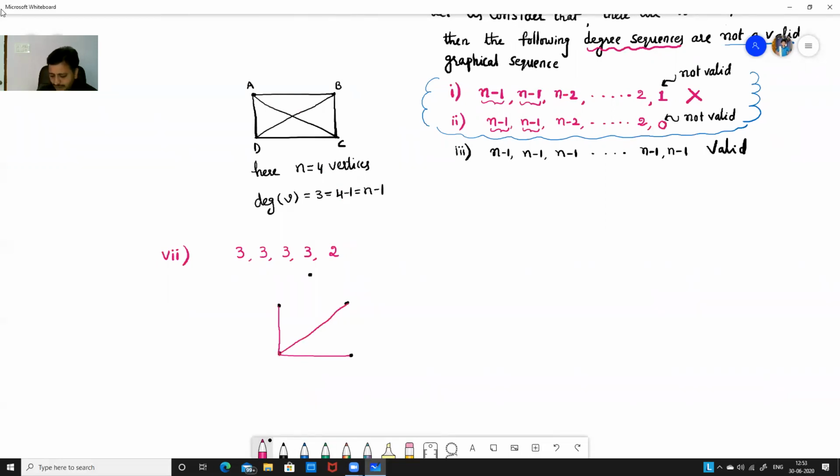So clearly this vertex has degree 3. A has degree 3. B is also degree 3. C also degree 3. D is also degree 3. Whereas E has degree 2. Therefore, the seventh one is valid. Okay. This is the way we can verify whether the given sequence forms a simple graph or not.